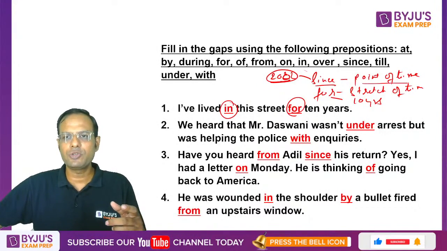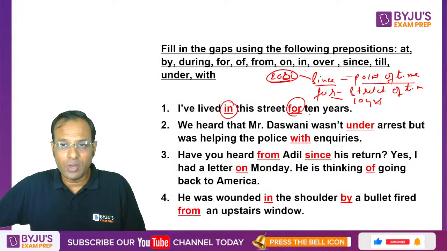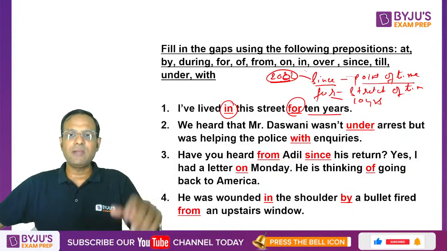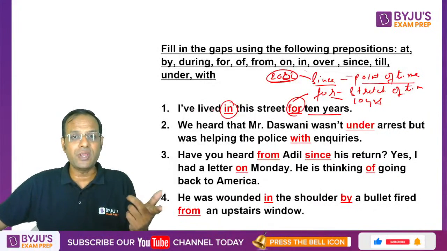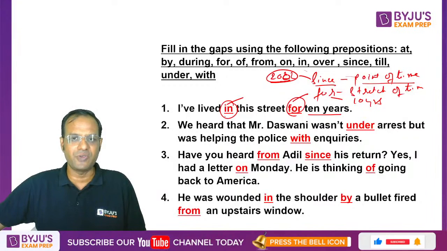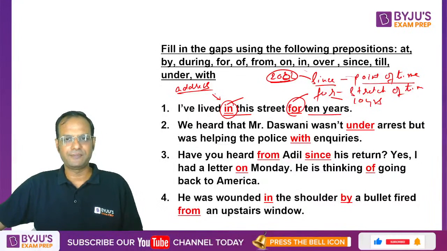Because since shows point of time. We are talking about 10 years stretch of time. That's why for should be used over here. And we don't live on the street. The answer is you live in the street. You're talking about a particular address in this street.